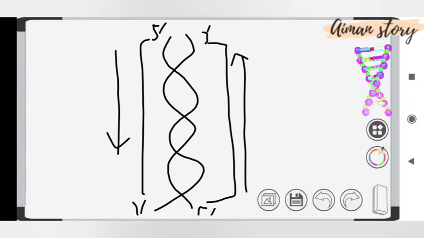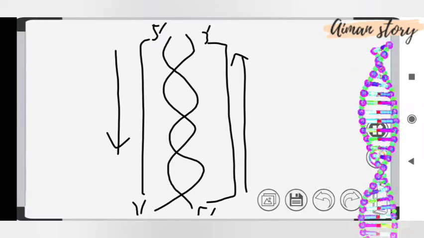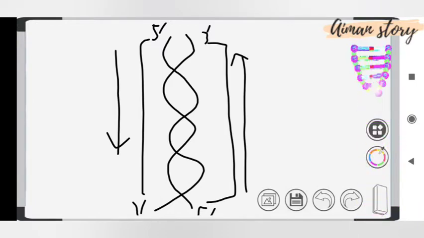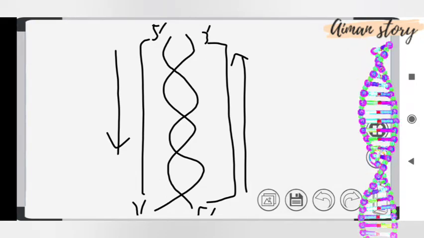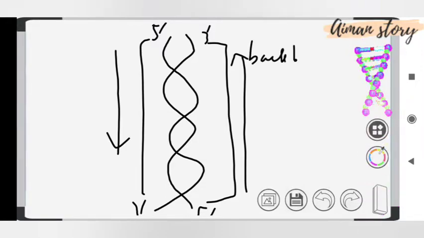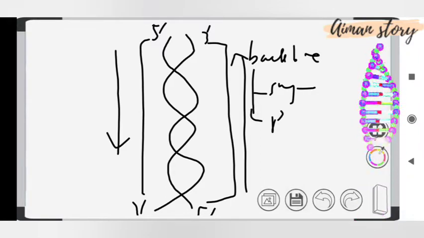Normally, in the structure of DNA, the external part, the outer side of the structure, is related to the backbone. The backbone consists of sugar and phosphate.